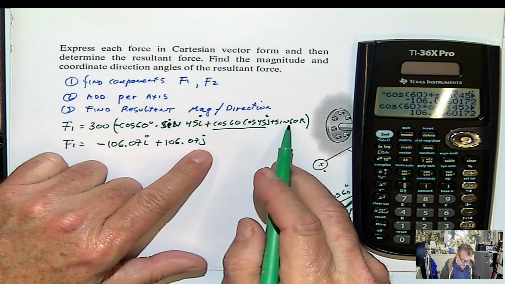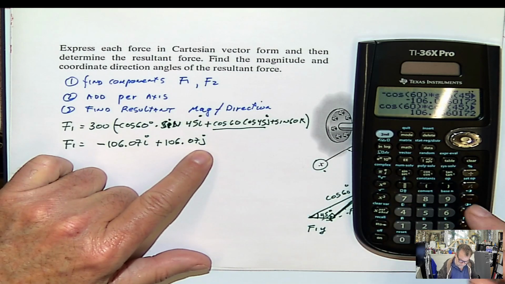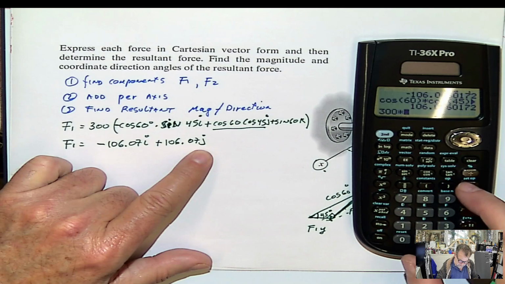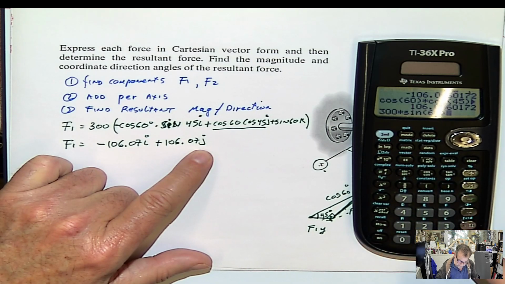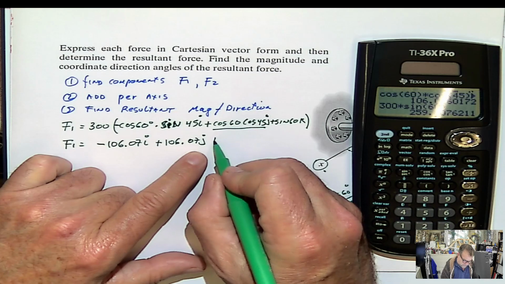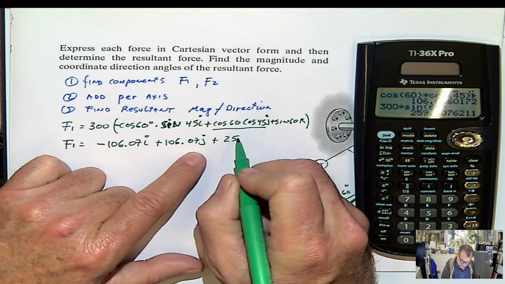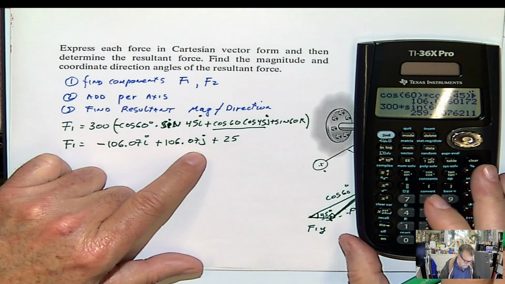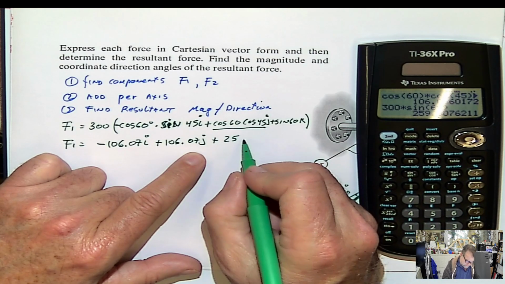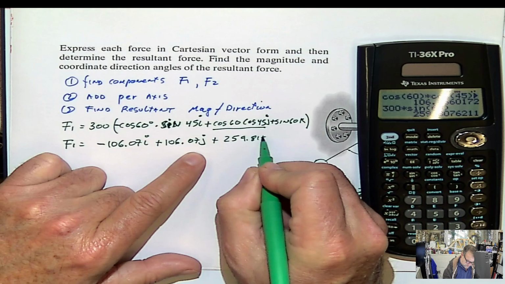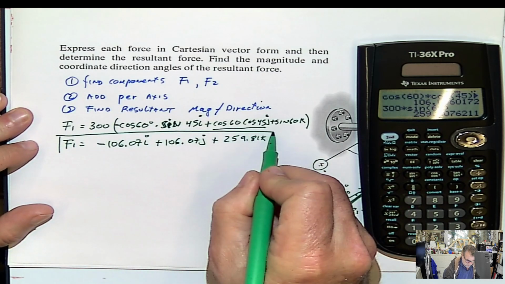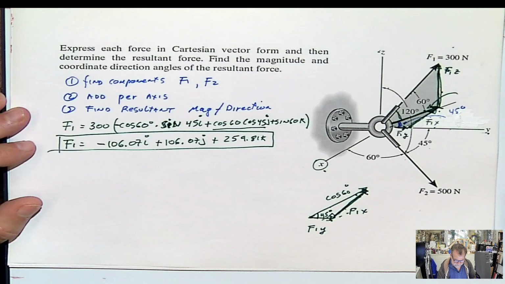And in the k direction it will be only sine 60, so 300 times sine 60, and that will be 259.81. Okay, and we already have the force F1 in Cartesian notation.